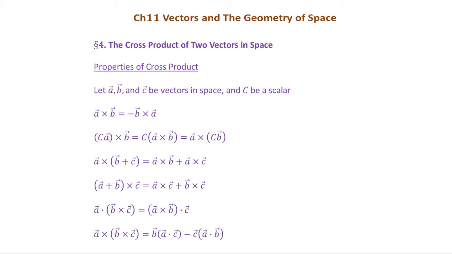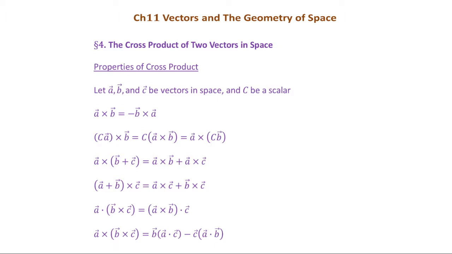You still get the same magnitude for A cross B and B cross A, but those are two vectors pointing in opposite directions. That's what the negative sign means.